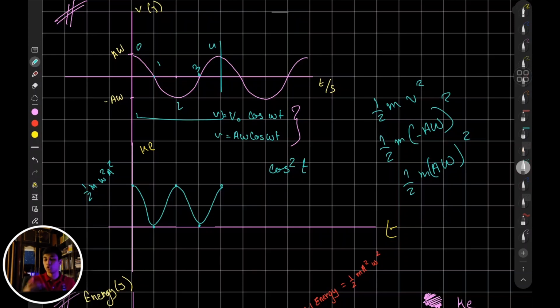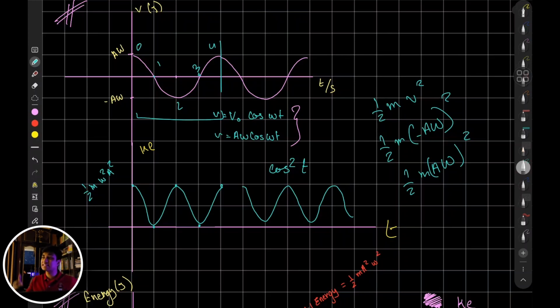Cos square t, if you look up on the internet, is basically something like this, where within the period of one cos x graph or curve, you're going to get two individual curves or two individual periods for a cos square curve. So that is a unique attribute for cos square curves.